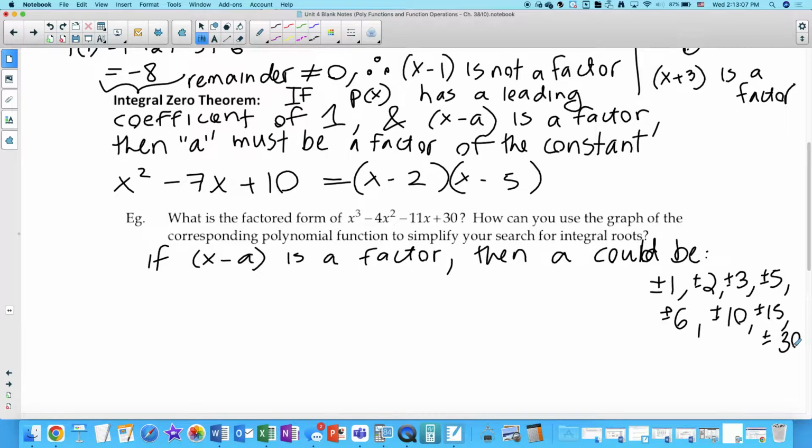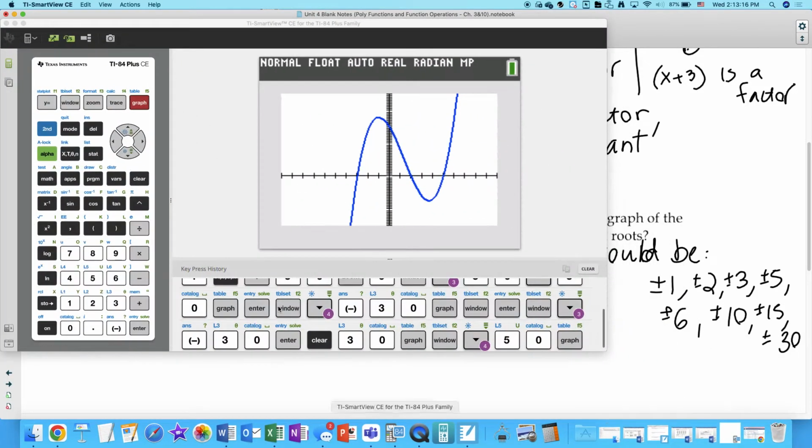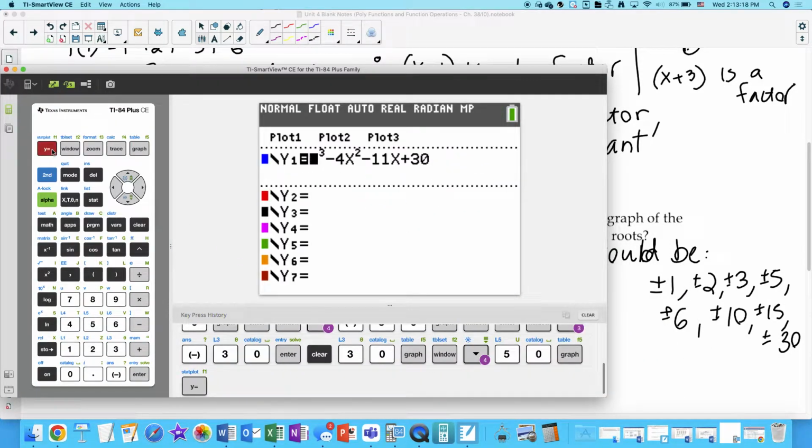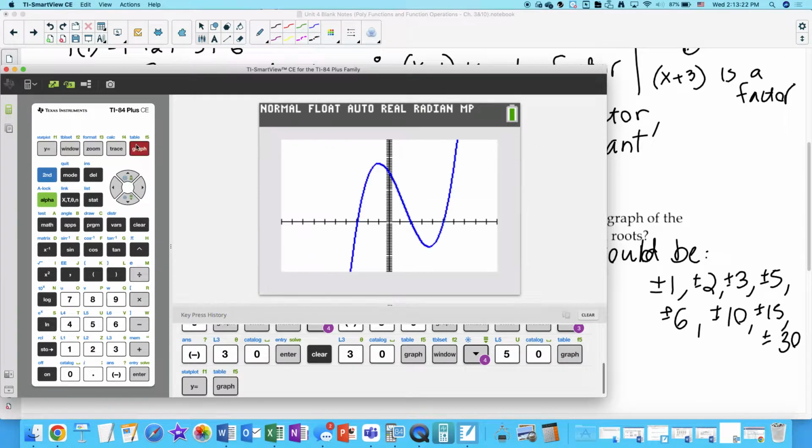Now, that is not an algebraic solution. So what I would do is graph it, and I actually already graphed this one. Okay, there's the function. I'm going to look at the graph, and you don't even have to find the zeros exactly, because these are just numbers that you're going to test.